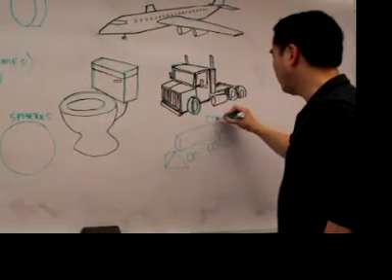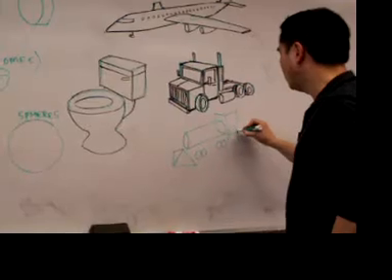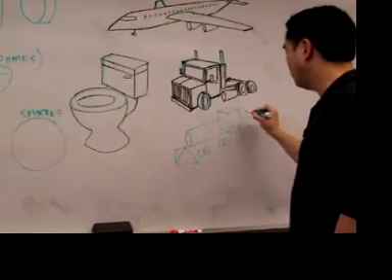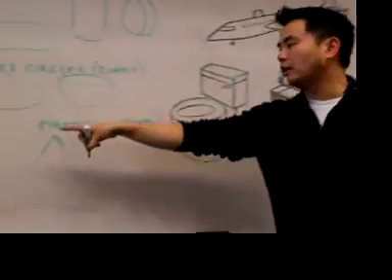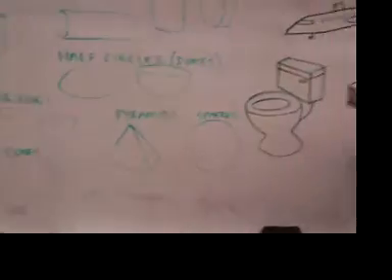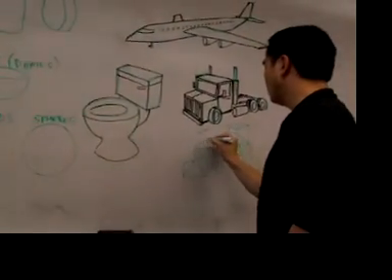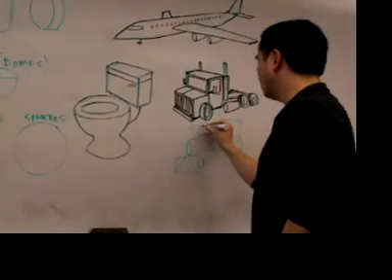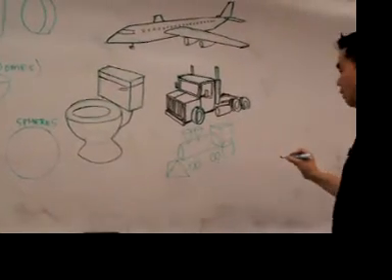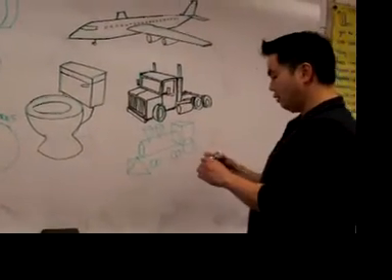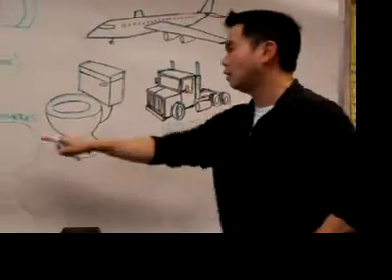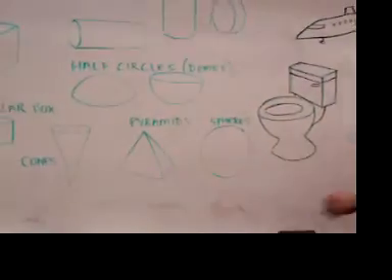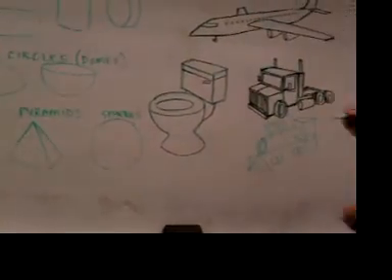Put a rectangle back here. Okay, and then have a, you know what, I can add a couple of cones. Like that. And maybe I'll add a dome. What do you think I'm drawing now? Train, yeah.